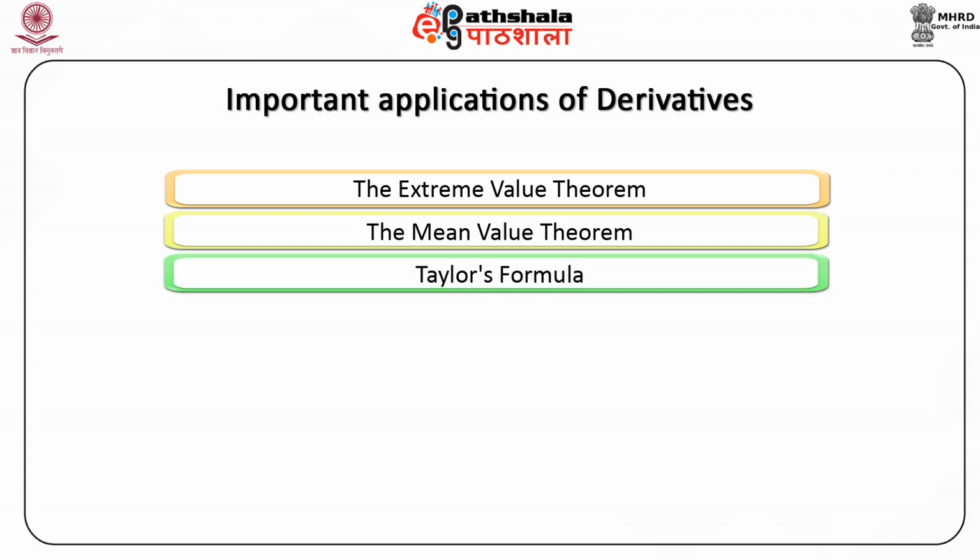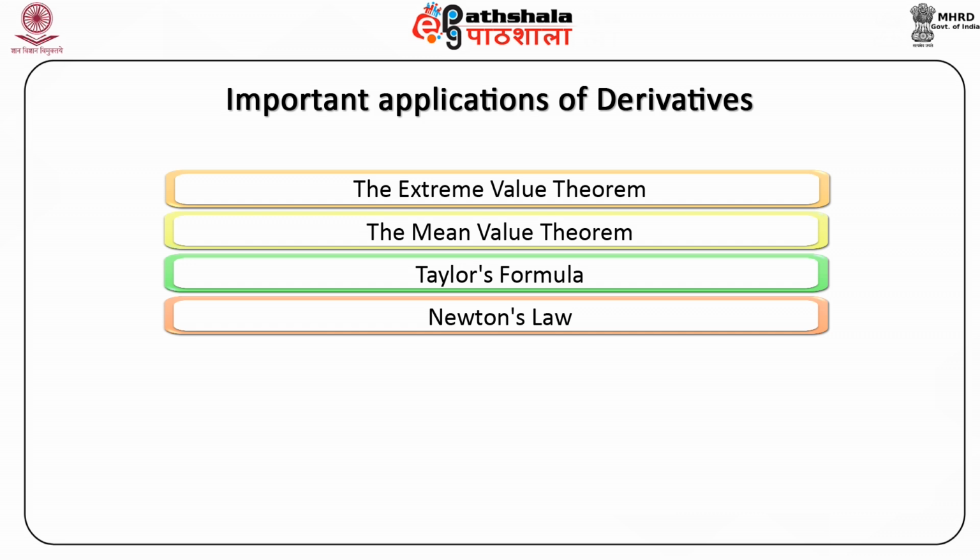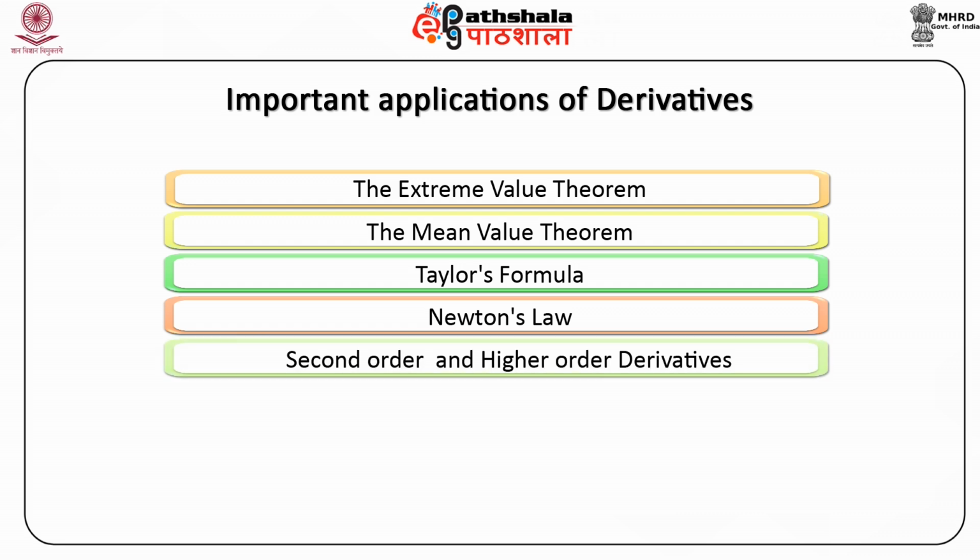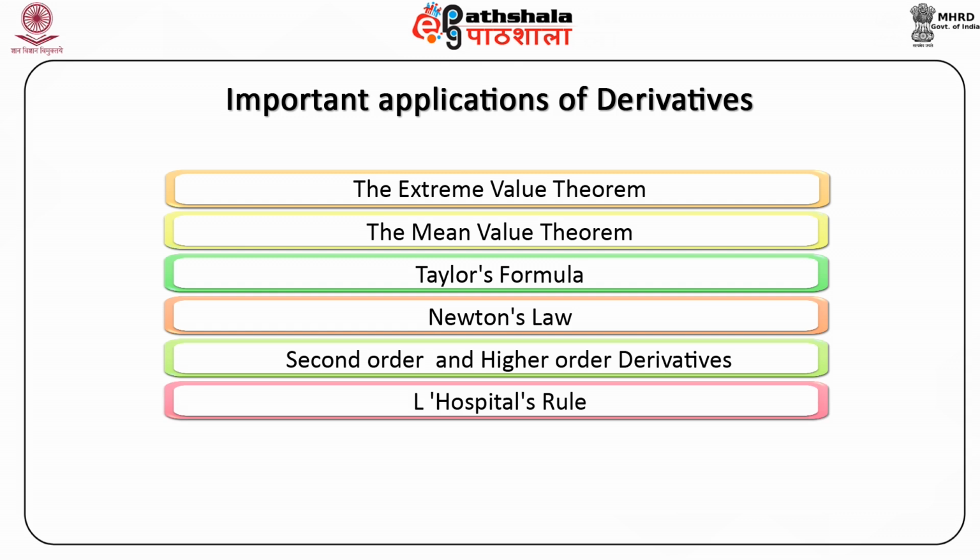Taylor's formula is considered as one of the main results in mathematical analysis. Newton's law is used to compute the nth root of different numbers. Second order and higher order derivatives are used to determine whether a function is concave or convex. Cost functions are used to derive the average and the marginal cost. L'Hopital's rule is a standard method for the systematic treatment of indeterminate forms.